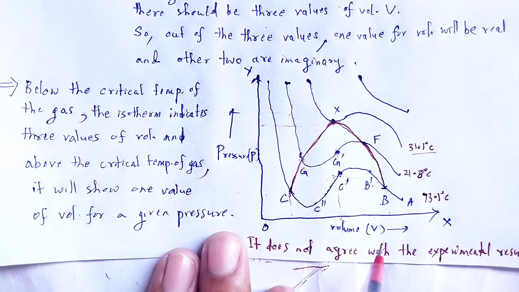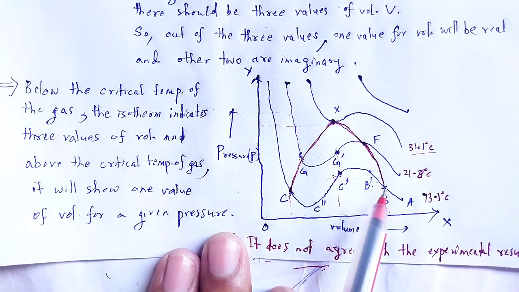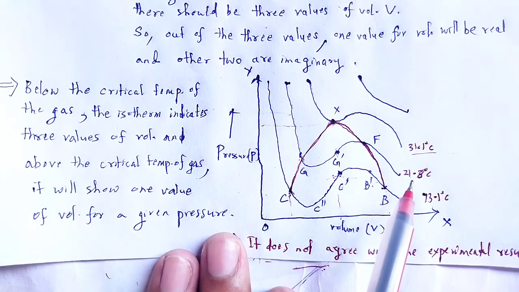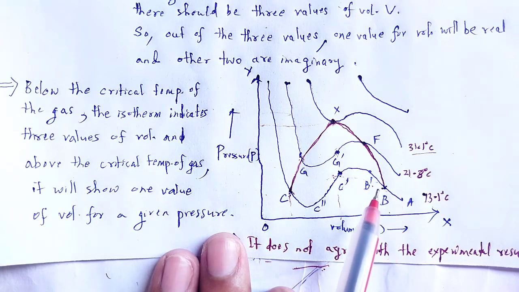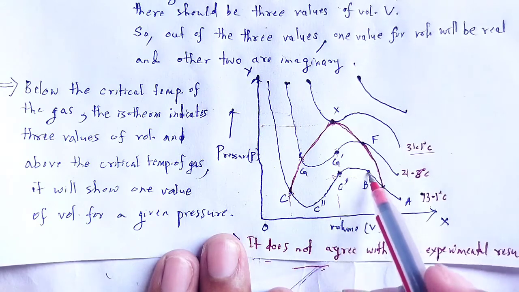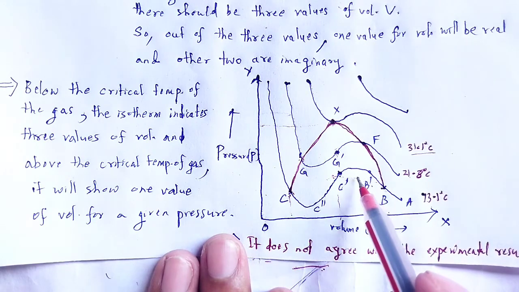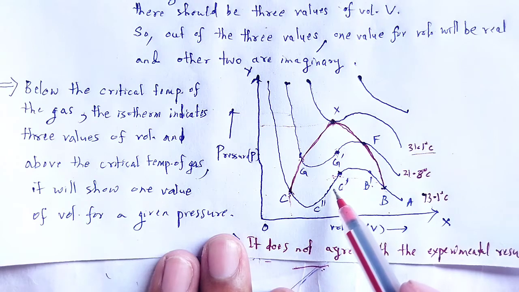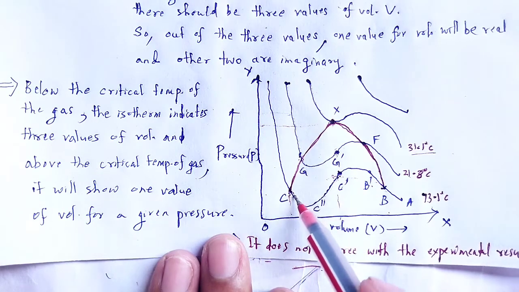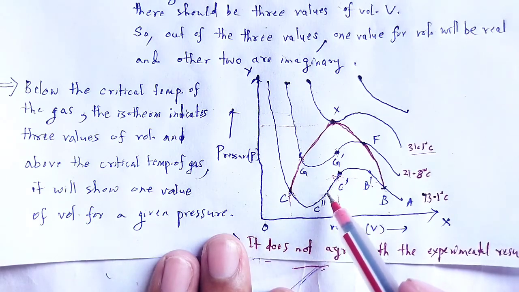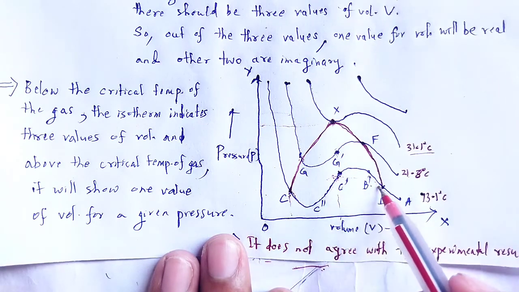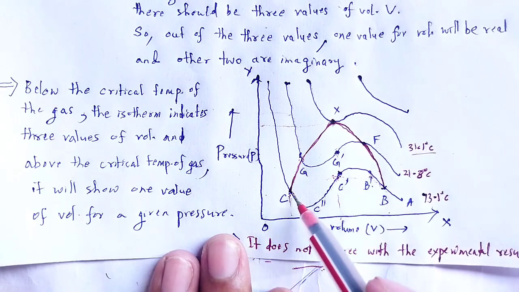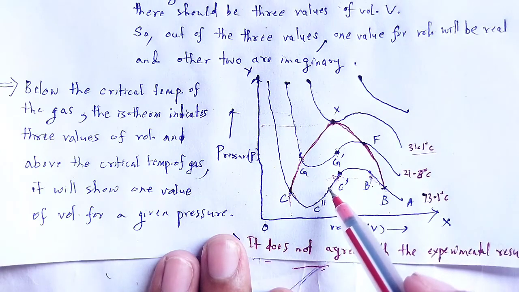So here the portion B dash explains the supercooling of vapors, and the portion C dash is due to the superheating of liquid. That portion is the supercooling of vapor and that portion is the superheating of liquid.